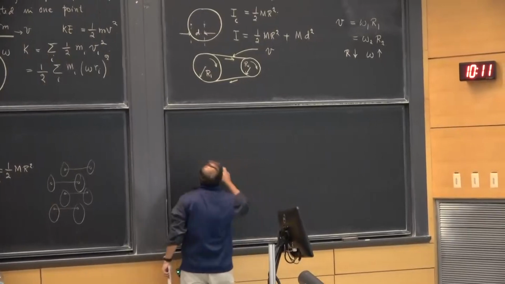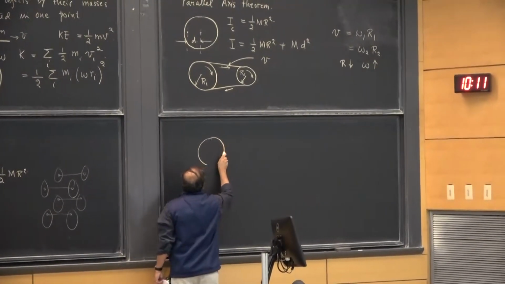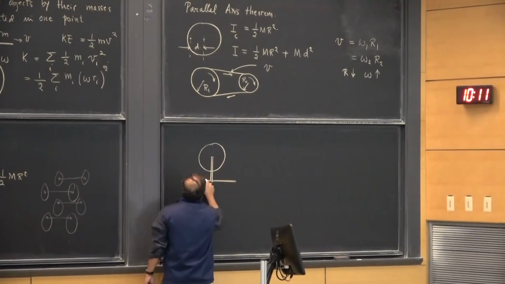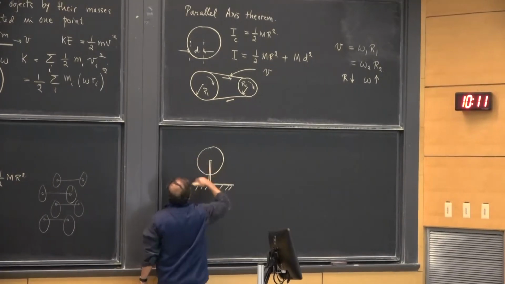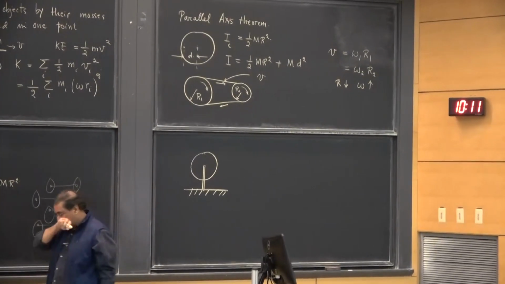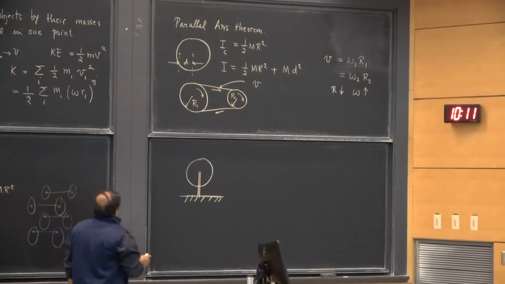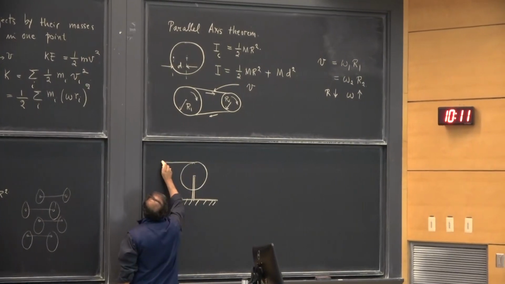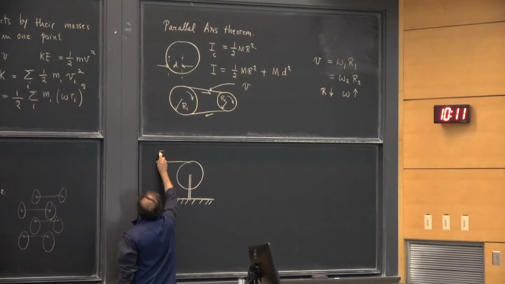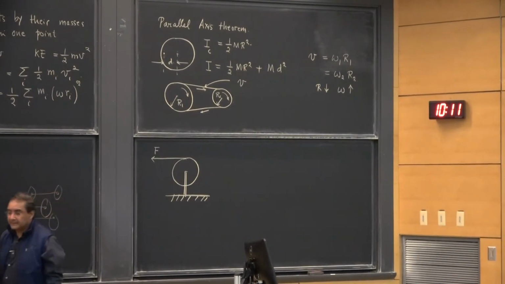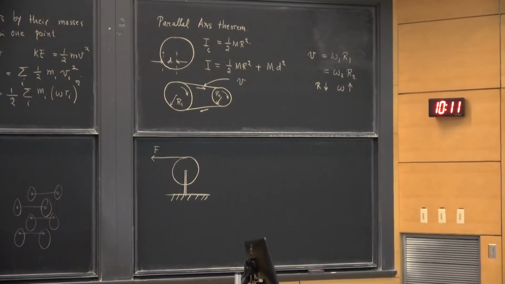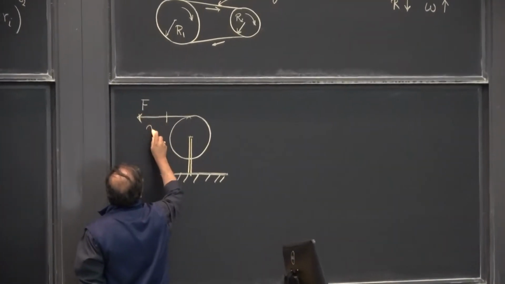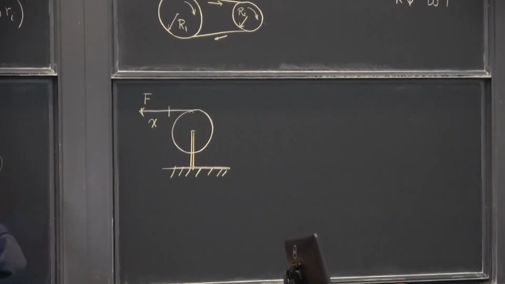So let us say I actually have a disk here, and I have a cord tied to this disk. Let's say part of the cord is sticking out, and I take this cord and I pull it with some force F. Let us say the distance by which I translate the edge of this cord is some distance x.